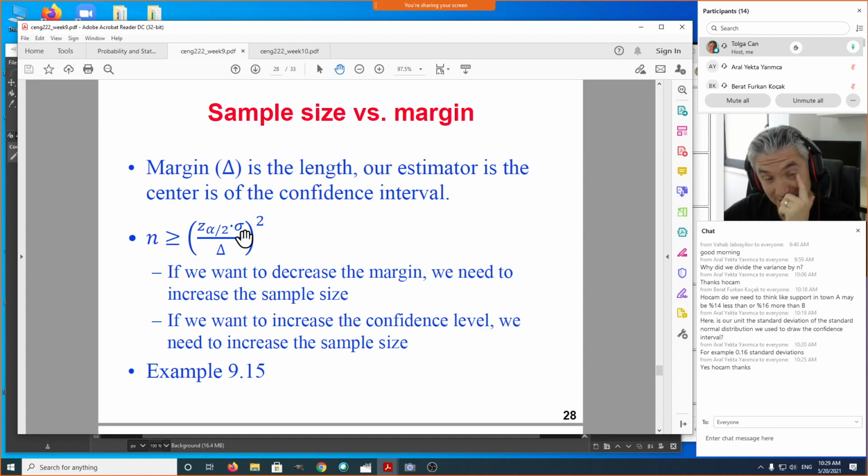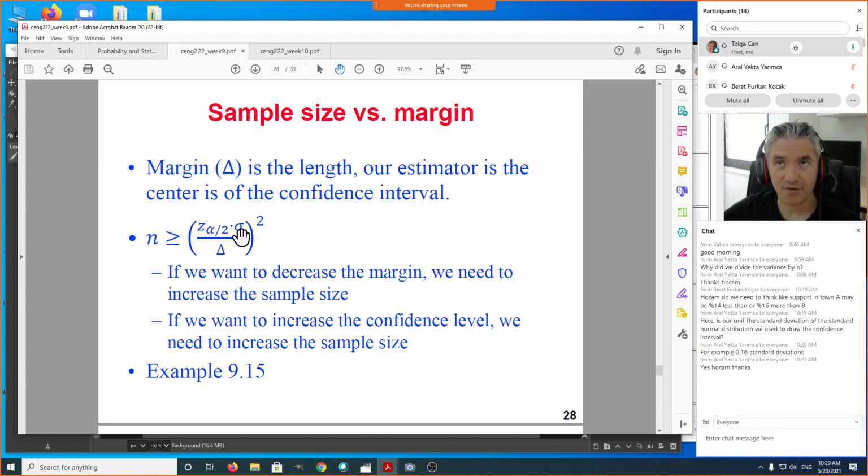So what we do in this case is be conservative and just use the largest value this variance can get. The variance of a Bernoulli variable. So we use here, actually I think this is the standard deviation. No, this is not the standard error.